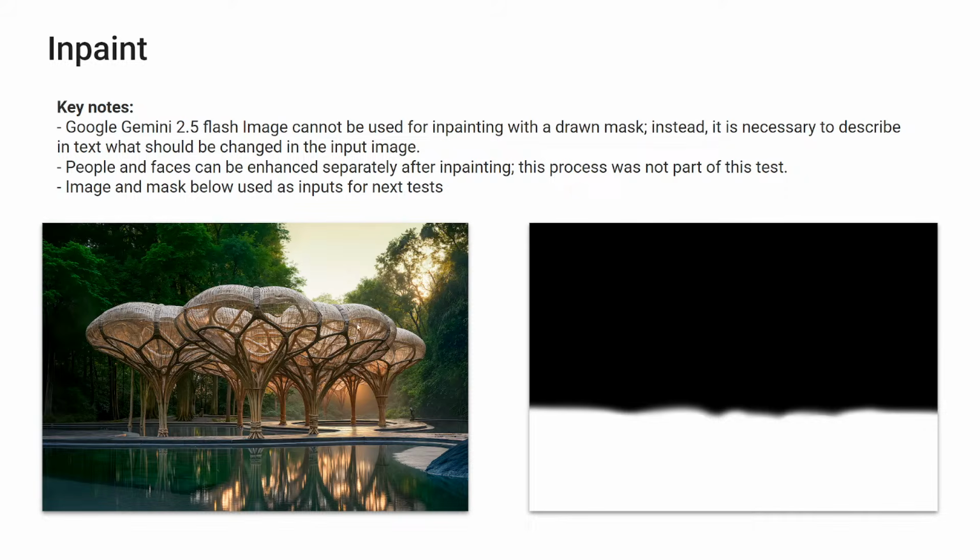So this is noted here, because afterwards you can use another approach to just improve people in your image. So we will not take it into consideration in this case, because it's possible to improve after. We are only interested in how the model understands this task in general. So we need to replace this lake with the modern restaurant.